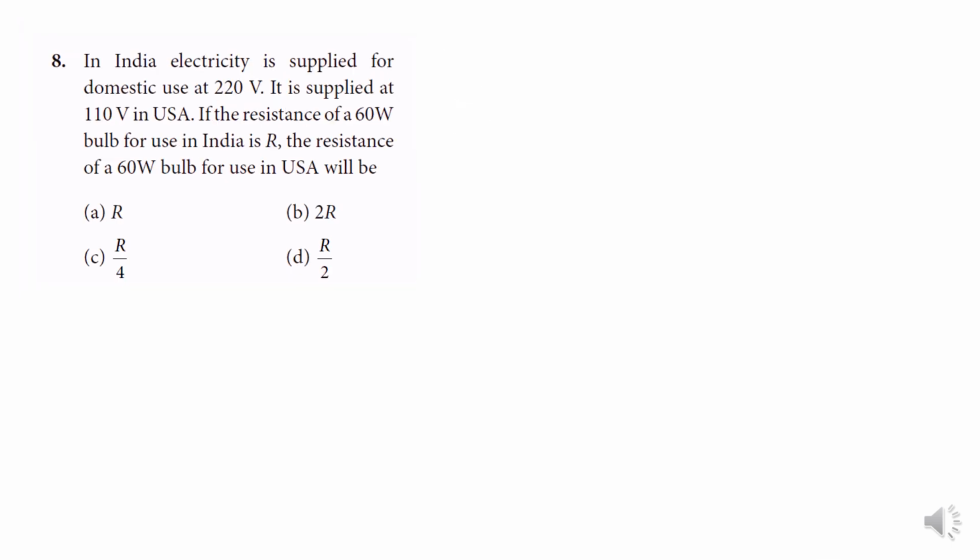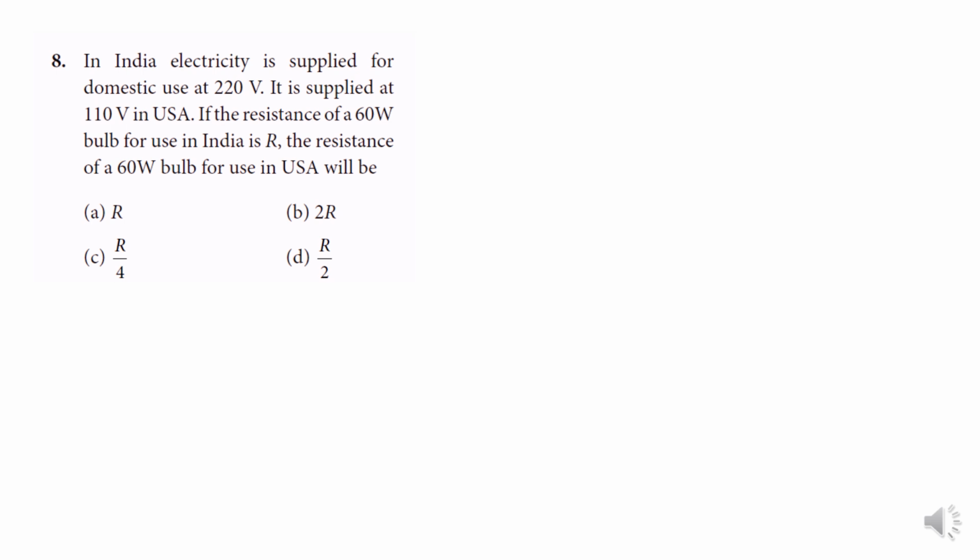Question number 8. In India, electricity is supplied for domestic use at 220 volt. It is supplied at 110 volt in the US. If the resistance of a 60 watt bulb for use in India is R, the resistance of the same 60 watt bulb for use in USA will be.